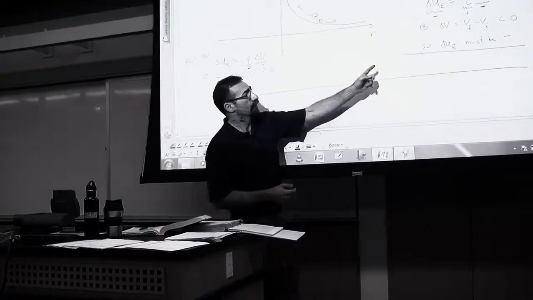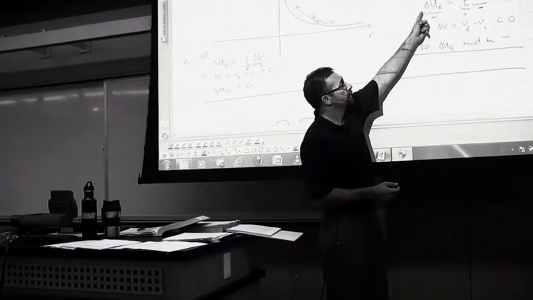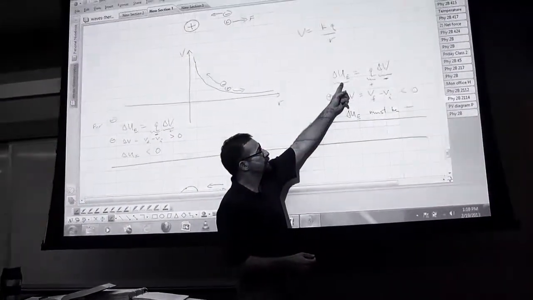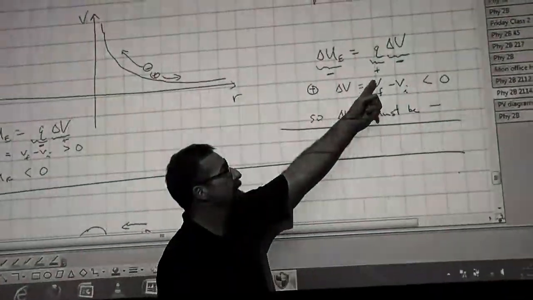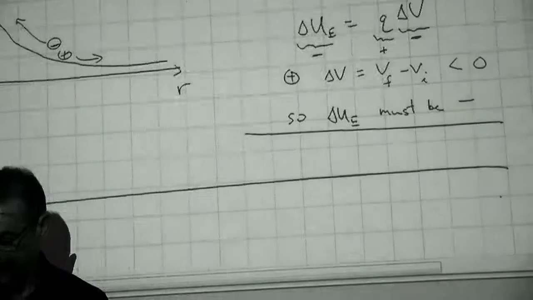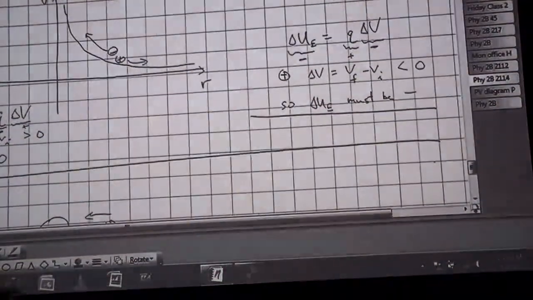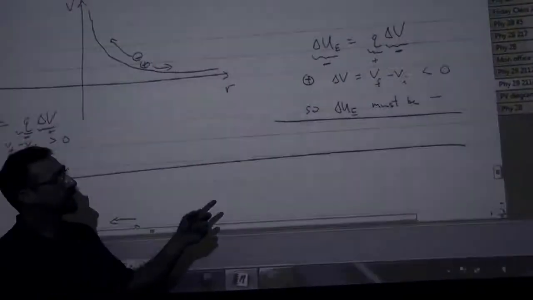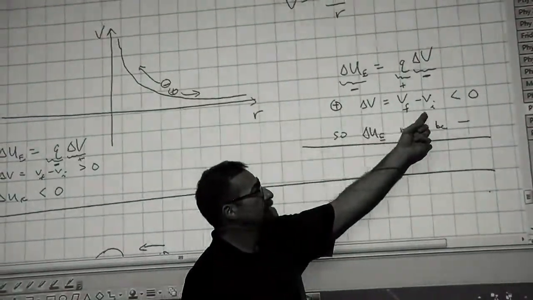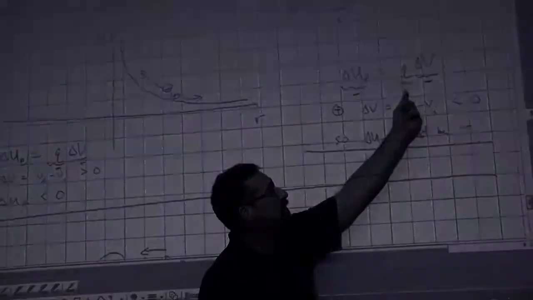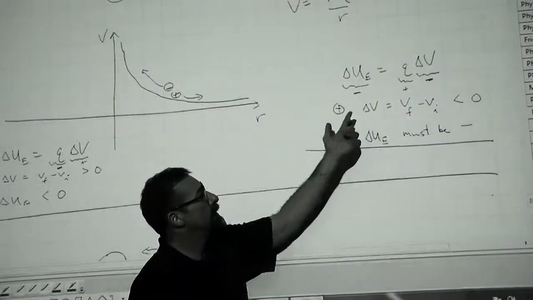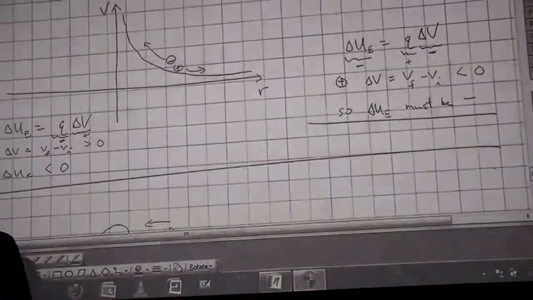So I wrote it over here. The change in electric potential energy is the charge times delta V. And so for a positive charge, delta V is going to be negative, the Q is positive, and so we get a negative change in potential energy, right? It goes down.